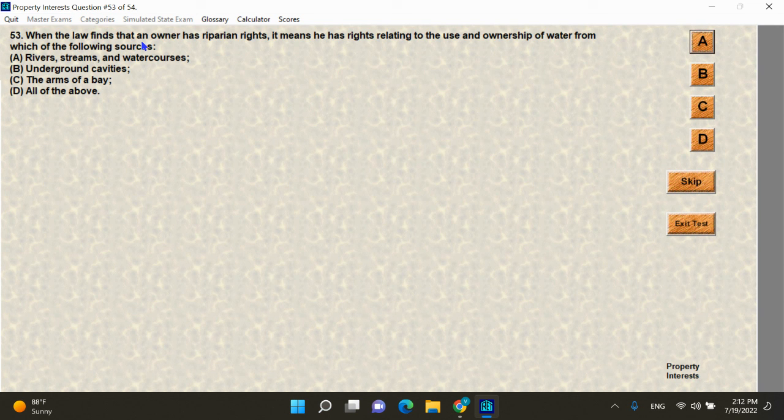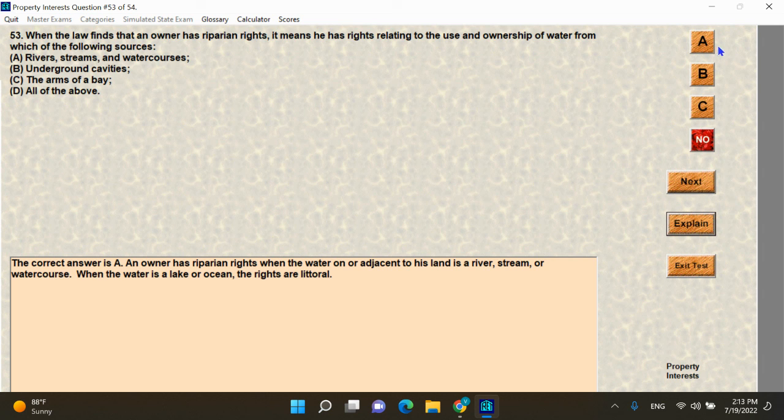Number 53. When the law finds that an owner has riparian rights, it means he has rights relating to the use or ownership of water from which of the following sources? A. Rivers, streams, and watercourses. B. Underground cavities. C. The arms of a bay. D. All of the above.